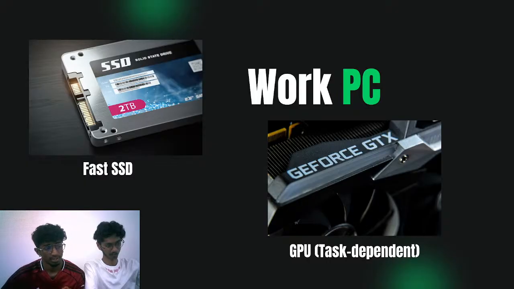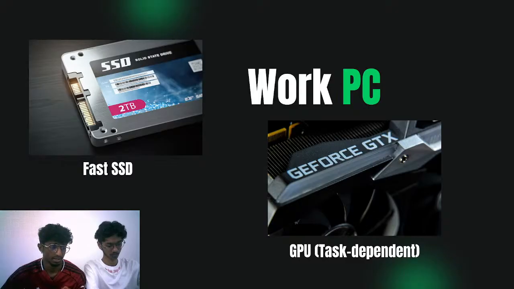And now when it comes to graphics cards, not all work PCs need a powerful GPU. Unlike gaming PCs, many professional tasks rely more on CPU and RAM rather than graphics performance. For example, when you are in a corporate world, like working in an office, programming, or data analysis, things can run perfectly fine on the integrated graphics which is built into your CPU.